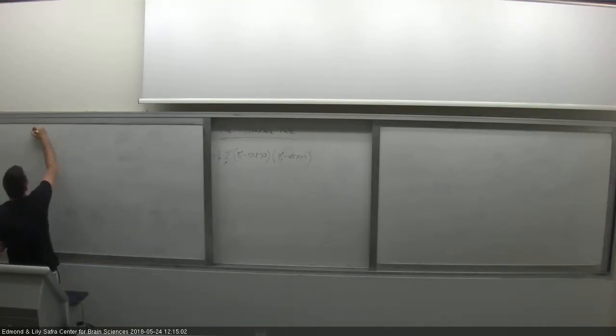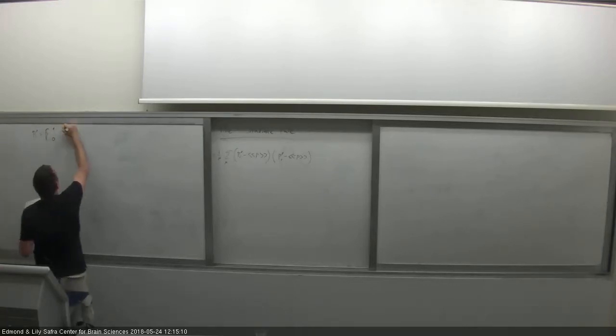So in our new model, pi mu will be equal to 1 or 0 with probability f or 1 minus f.